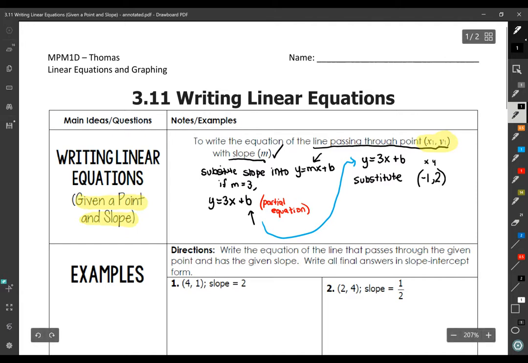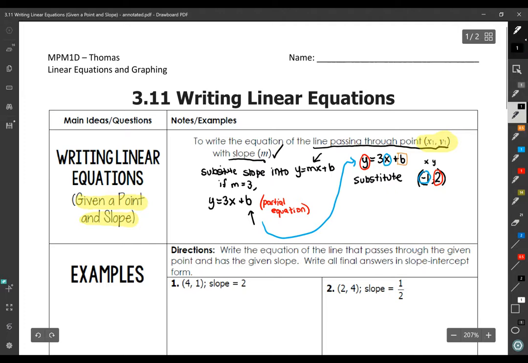Okay, so remember, this is my x, this is my y. So I'm going to substitute in the number -1 as my x value, and I'm going to substitute in the number 2 as my y value. And then I'm going to solve for b.